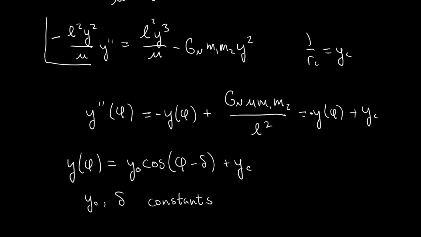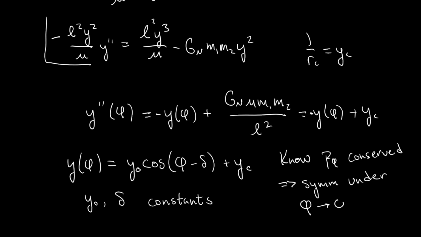But we also know that our equations of motion aren't going to depend on our specific choice of phi. As I said earlier, we know angular momentum is conserved. So we know that p phi is conserved, which means that we have a symmetry under phi going to phi plus a constant.